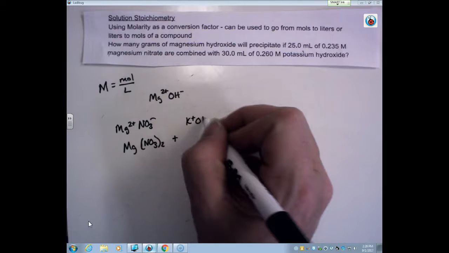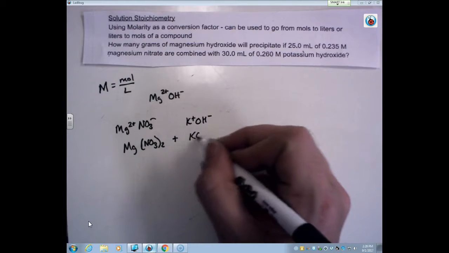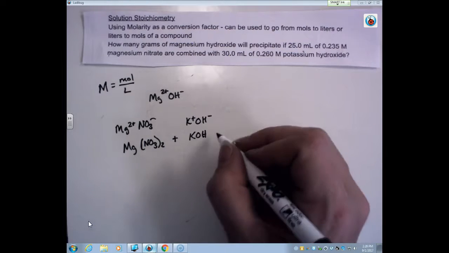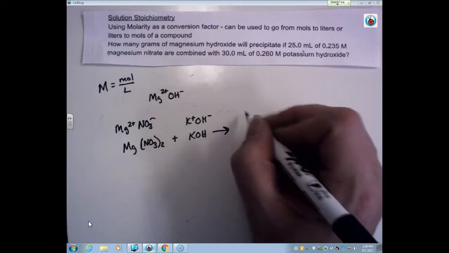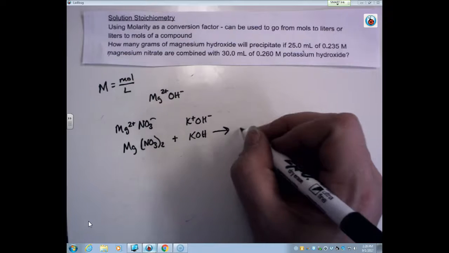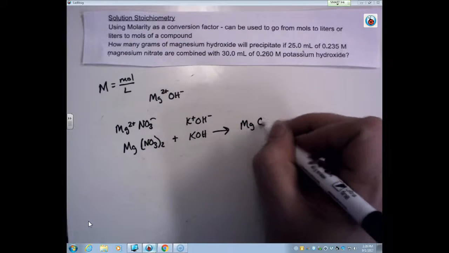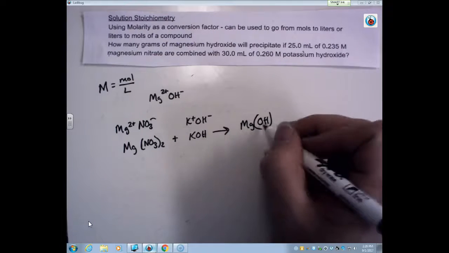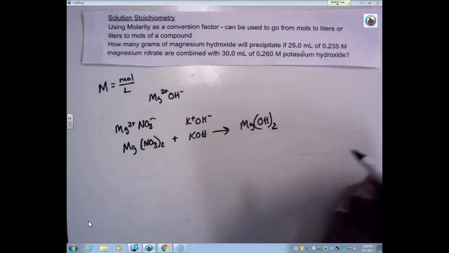Potassium's in group 1, so it's KOH, yields, and they tell us that it is going to produce that magnesium hydroxide, Mg(OH)2, inside parentheses, don't let hydroxide get you, 2.